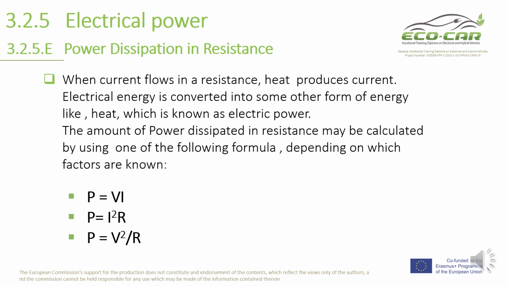You can see here how to calculate the power by using factors like voltage V, current I, or resistance R. So there is a relation between power and voltage, current, and resistance according to this equation, which comes from the triangle of power.